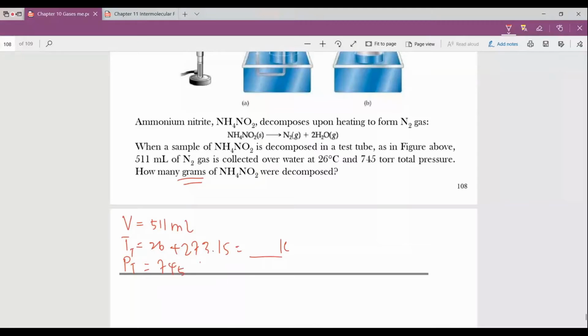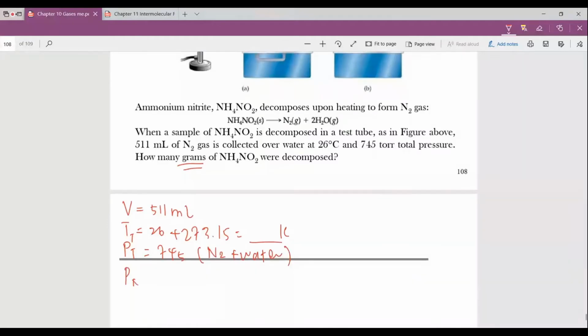P total means N2 and water together. So how do we get the PN2? Because we want to find the mass of NH4NO2. Here we have N2, then we use the information for N2 to find the number of moles. 745 minus water, the partial pressure of water is 25. Then we get 720.